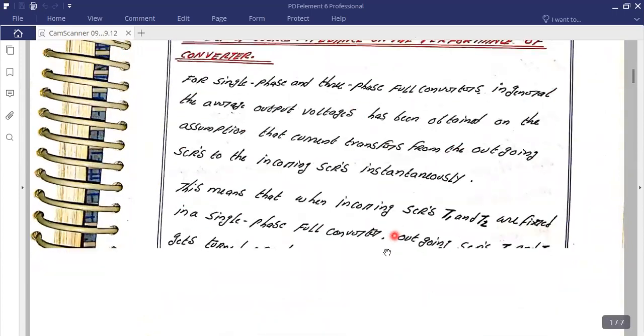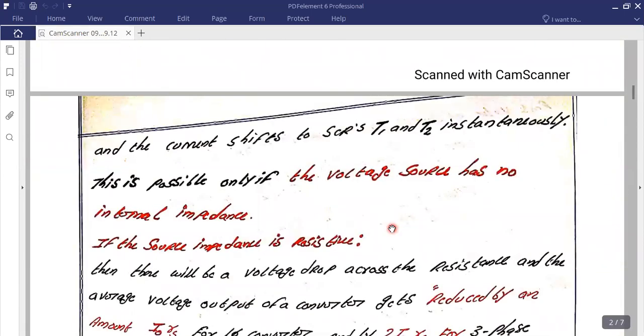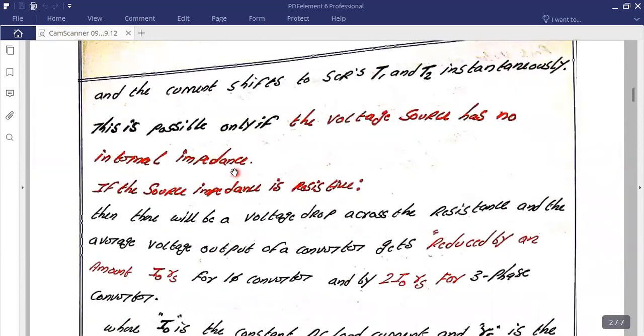And then, first, copy this: the effect of source resistance.